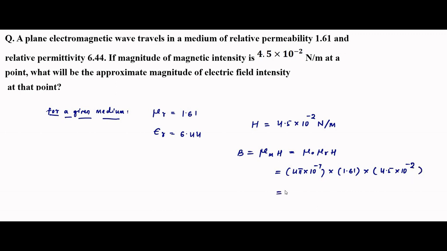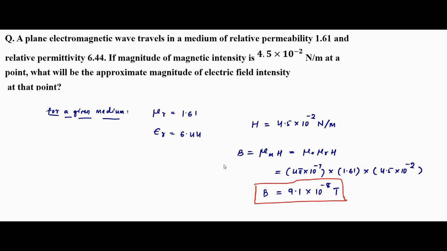So the magnetic flux density is coming around 9.1 into 10 to the power minus 8 Tesla. This is the value of magnetic flux density at that point.